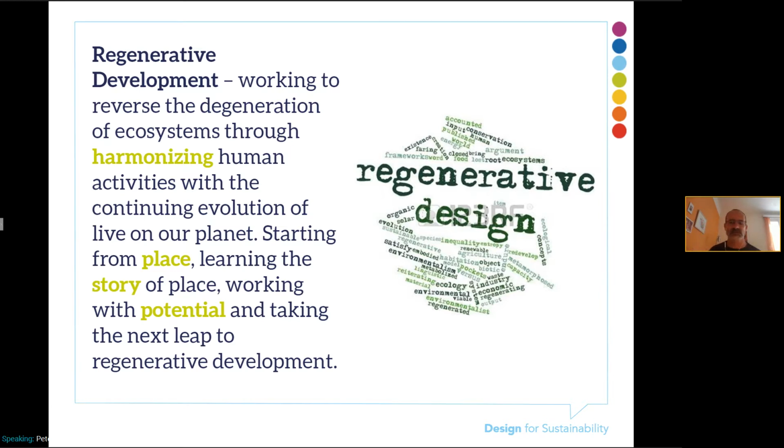It doesn't necessarily have to be a place, but it can be a group of people, a community, an organization as well, and taking the next leap into regenerative development.